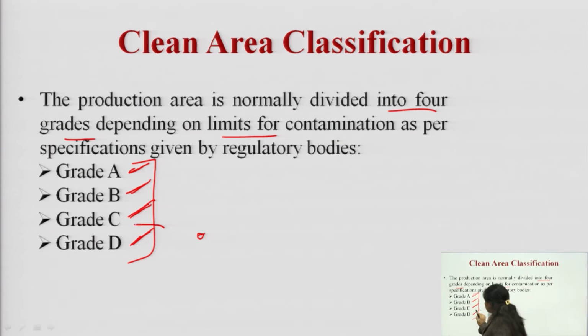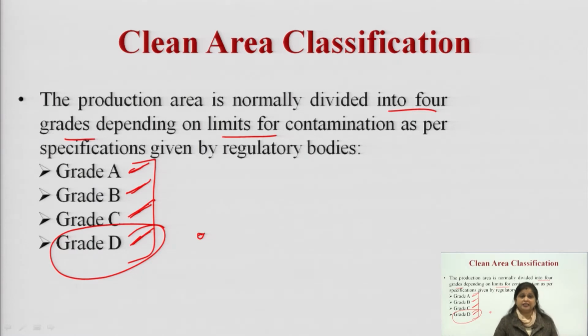So, this zone is highly contaminated, that is why we call it black area, and we give the term class 10,000 and class 1 lakh, meaning it has the maximum number of dust particles and the maximum number of microorganisms in this zone. That is why it has been put under black area.